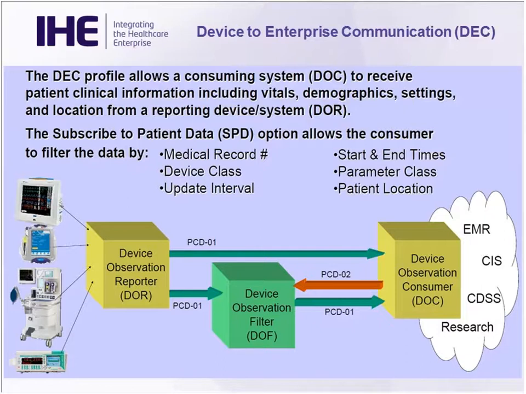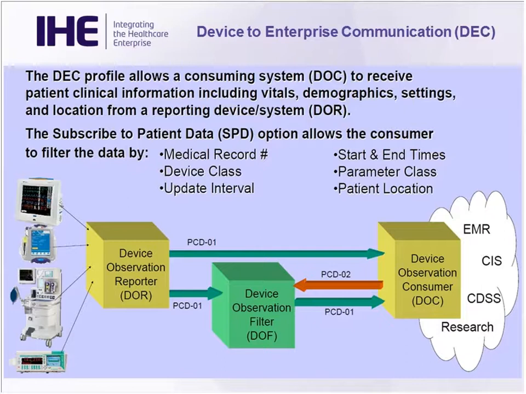You'll note that all of the messages within the PCD domain profiles start with PCD and then a number indicating the transaction number within the PCD domain. So DEC, coming out first, gets PCD 01.